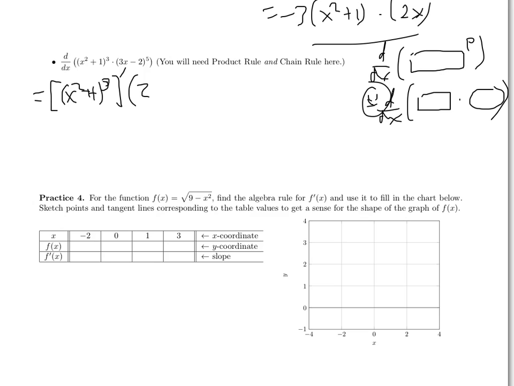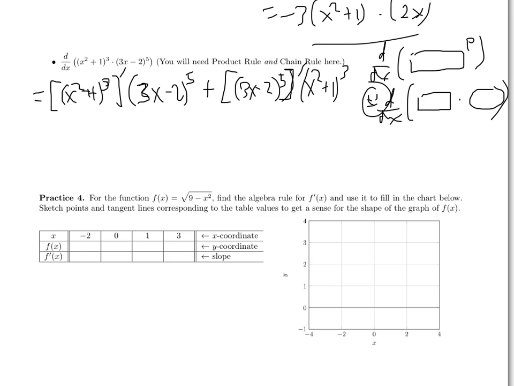Well, shoot, so that's 3x minus 2 to the 5th, plus the 3x minus 2 to the 5th's derivative times x squared plus 1 cubed. In other words, it's just the derivative of this guy times that one plus the derivative of this guy times that one.